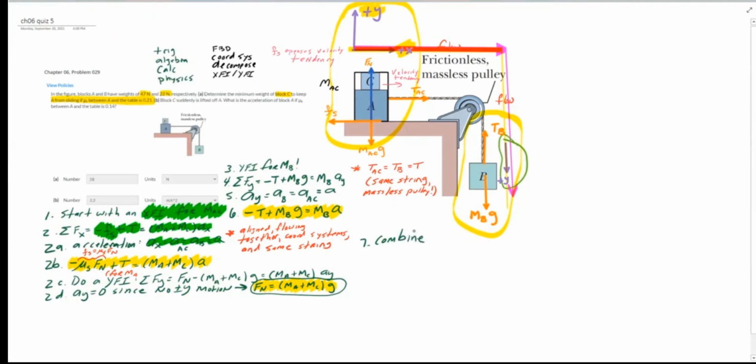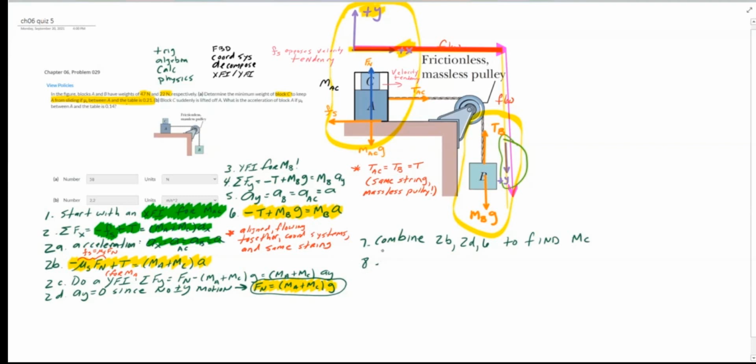So now let's combine 2B, 2D, and 6 to find MC. I'll stick with this instead of just saying, go knock yourself out with the algebra.